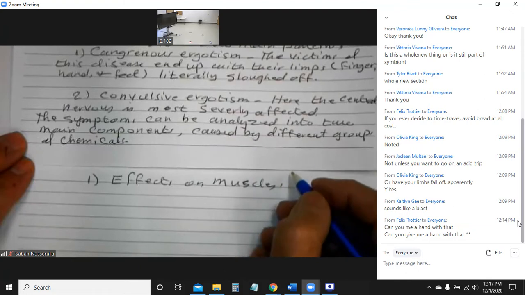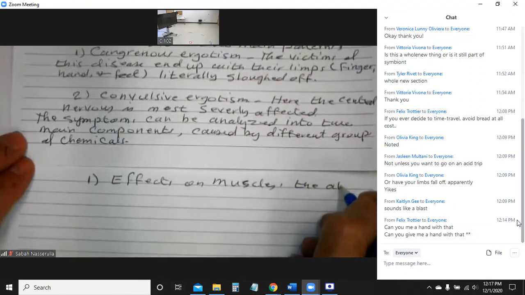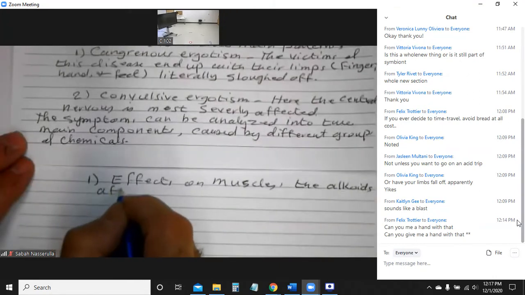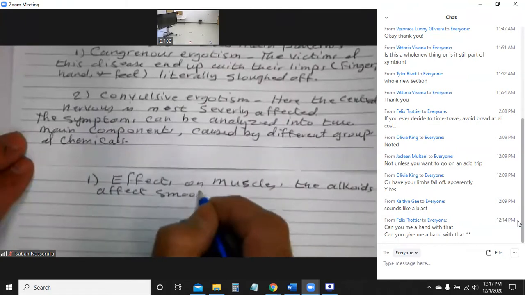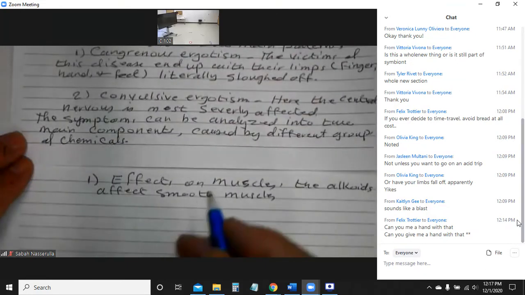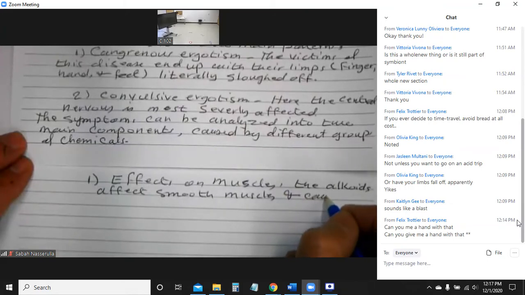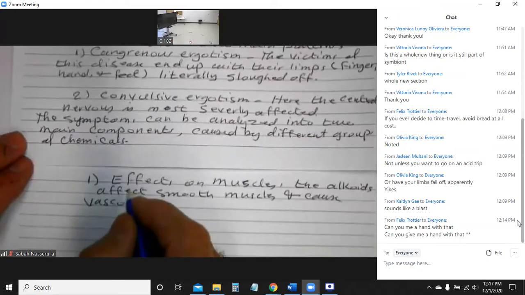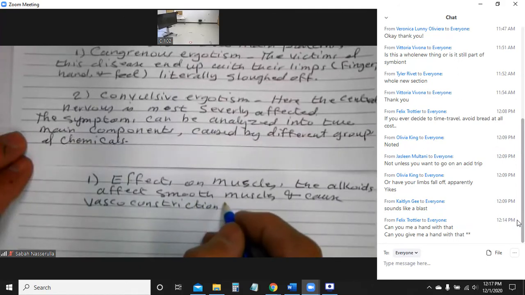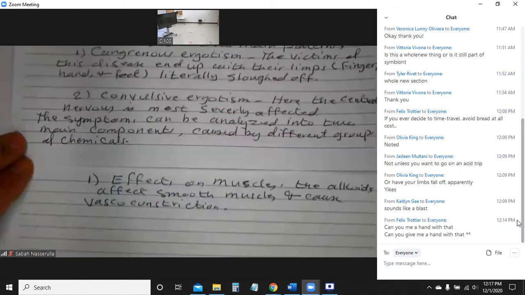The alkaloid affects smooth muscles and causes vasoconstriction, constriction of the vascular system, the veins and so on.